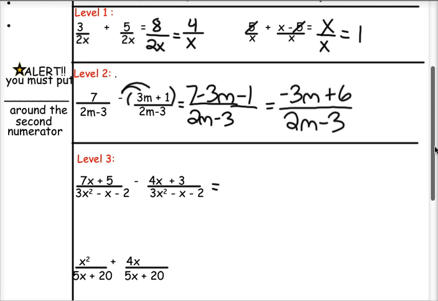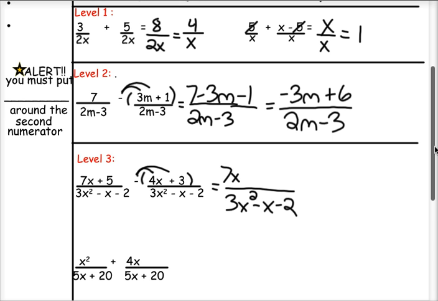Looking at these harder ones. Now again, luckily, we still have a common denominator. So that 3x squared, minus x, minus 2 stays. Now again, we're subtracting, so I'm going to be really careful. I'm just going to put that throughout there.